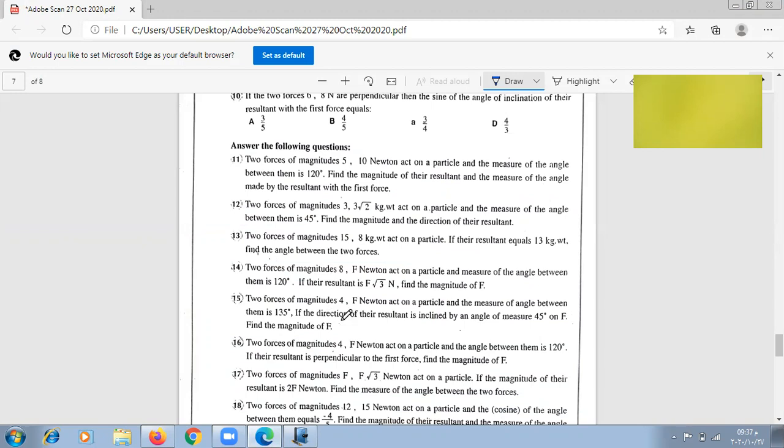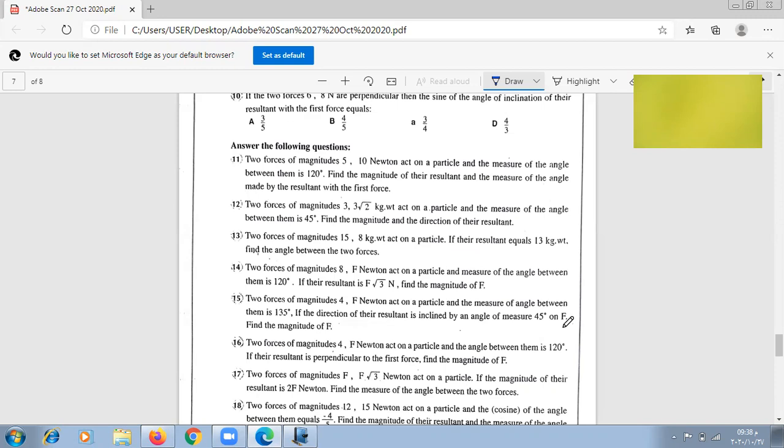Let's see number 15. We have two forces of magnitude 4 and F. The measure of the angle between them is 135. The direction of their resultant is inclined by an angle of measure 45 on F. To solve this problem smoothly, we can make F, the second force, the first force if we want to.